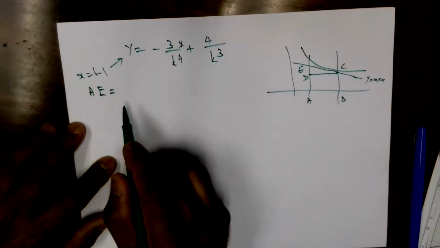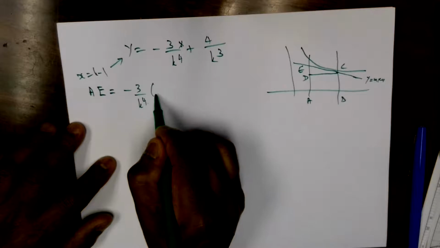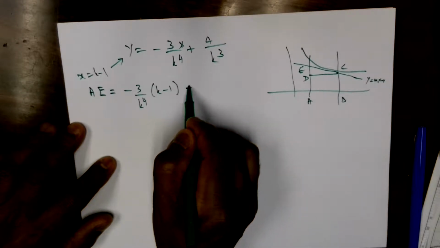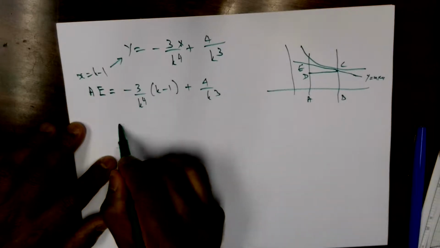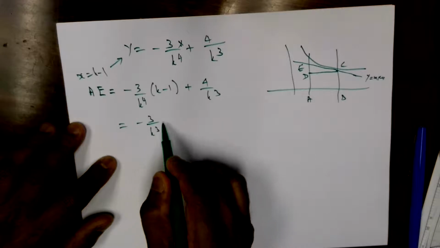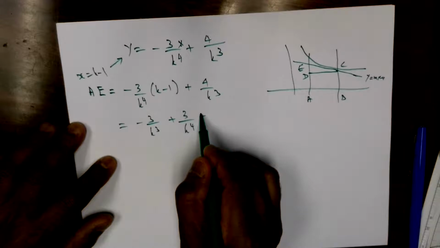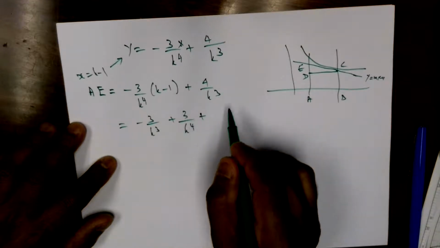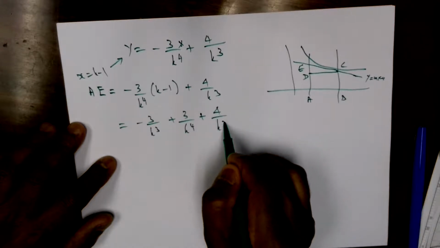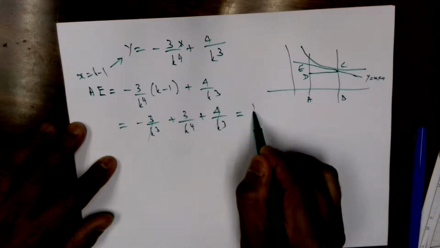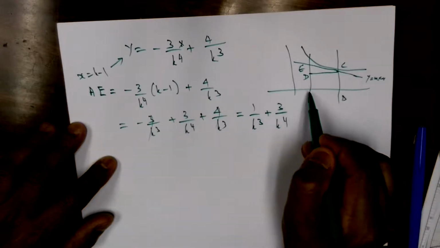So AE will be minus 3 over k to the 4 multiplied by k minus 1 plus 4 by k cubed. So if I expand, this is minus 3 by k cubed plus 3 by k to the 4 plus 4 by k cubed. So this and this cancel, giving us 1 by k cubed plus 3 by k to the 4. So that's AE from here to here.